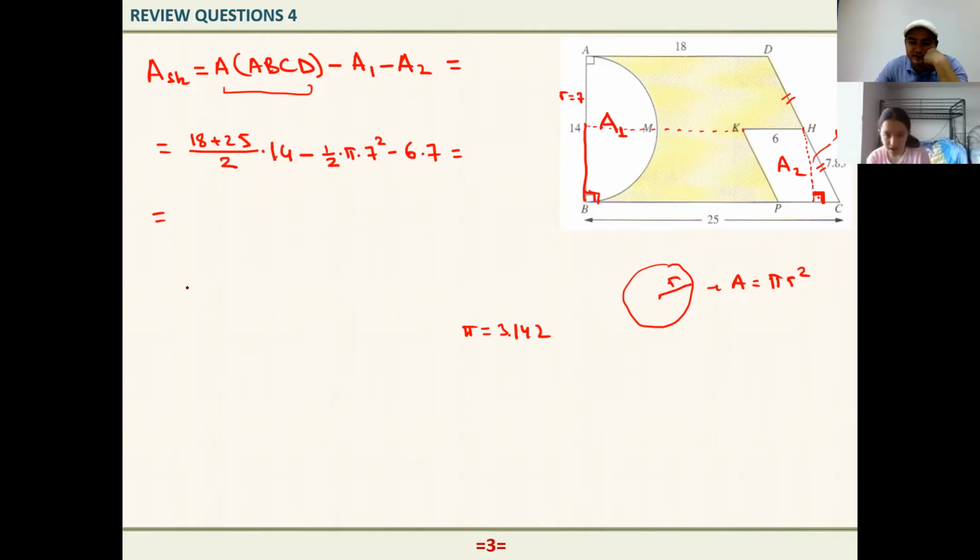Shahina, in a calculator, is that a fraction? Can you write a fraction? No, I don't think so. Are you sure? Let me see. I'm not sure if you can write a fraction on it.